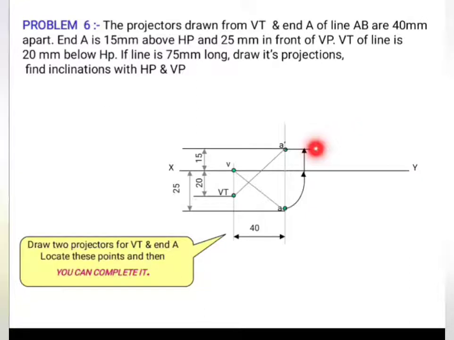That intersecting point will be on the true length line. I am naming this one as A1 dash and joining VT A1 dash. This is the extension of the true length line.